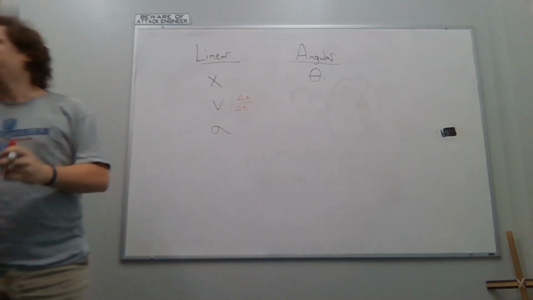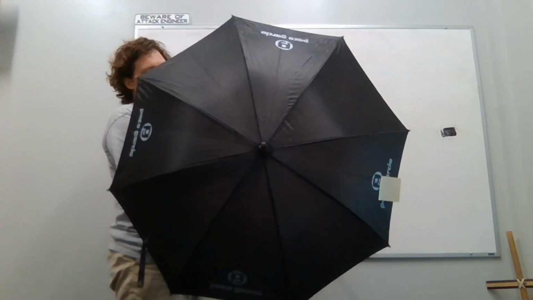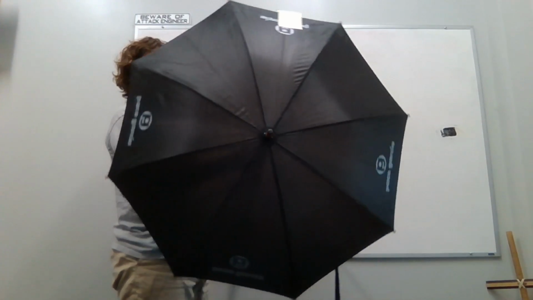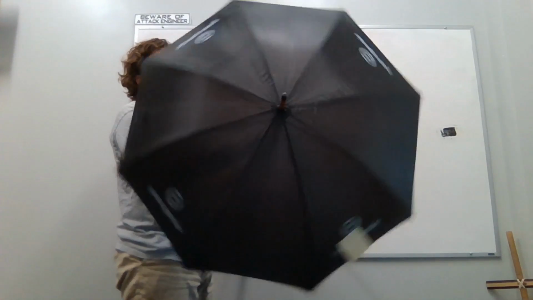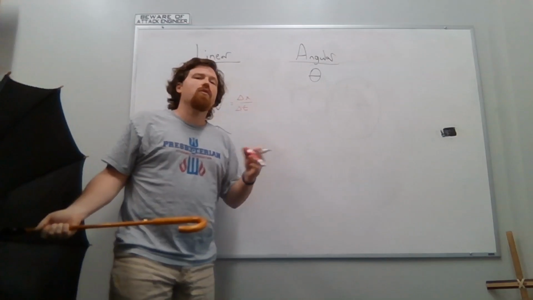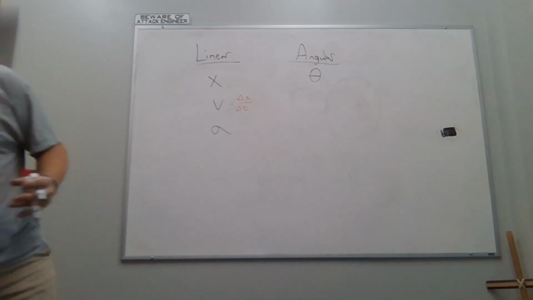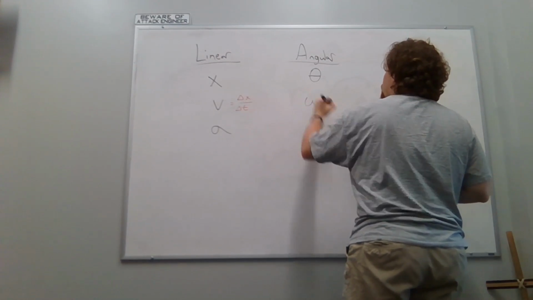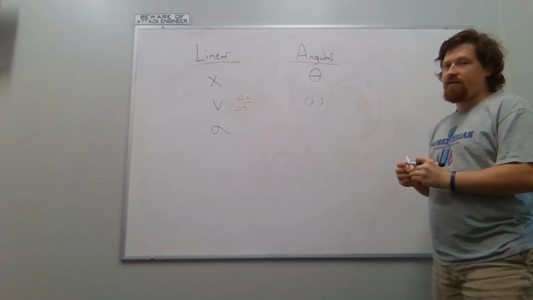So, right now I'm rotating the umbrella very slowly. This is one specific angular speed. If I rotate it a lot faster, this is now a different angular speed. So the angular speed represents how fast you are rotating. That's all it means. So, the symbol for the angular speed is omega. This is a lowercase omega.